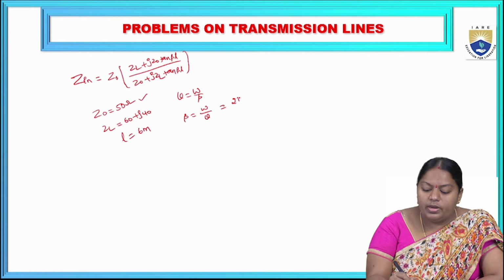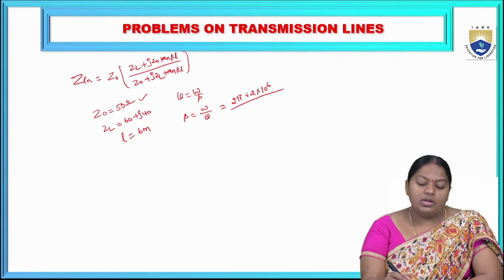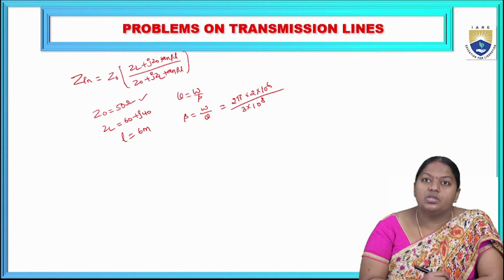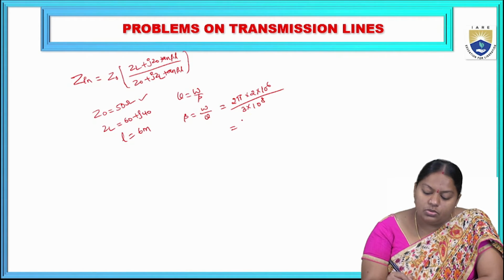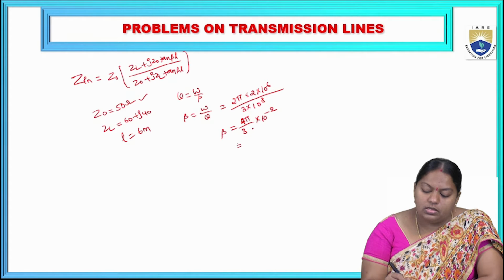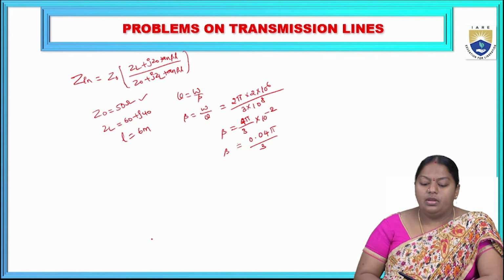Omega means 2 pi f, and f is 2 megahertz as given, so that is 2 pi into 2 into 10 power 6, divided by the velocity, which for a lossless case is 3 into 10 power 8 meters per second. Which is equal to 4 pi by 3 into 10 power minus 2, that is 0.04 pi by 3, which is the value of beta.